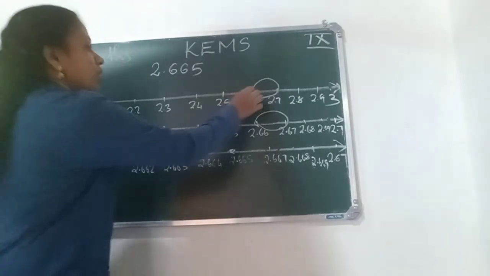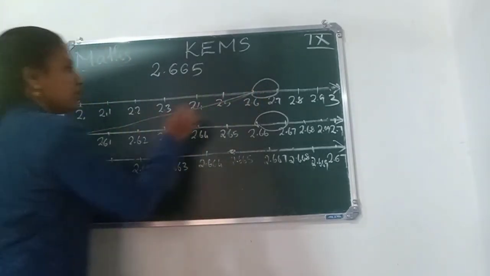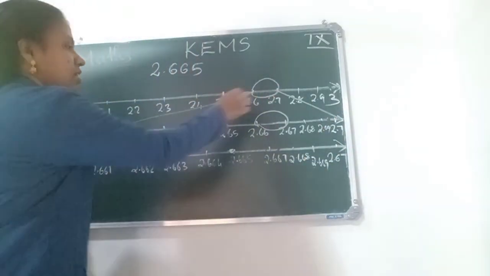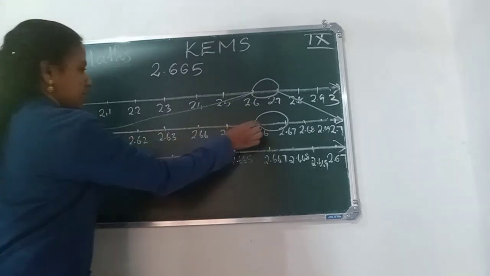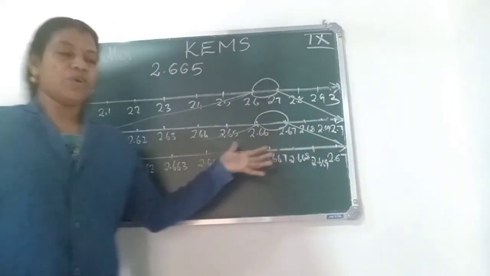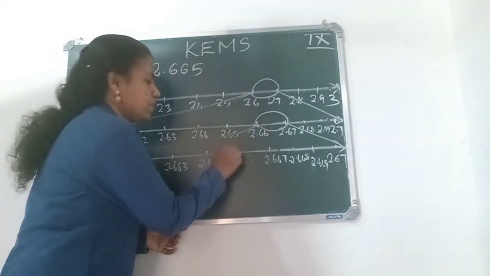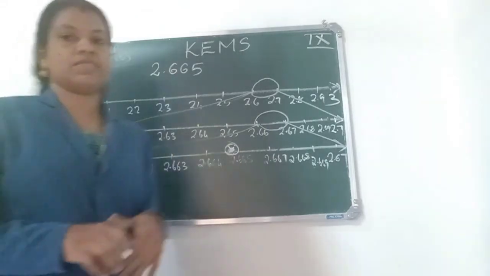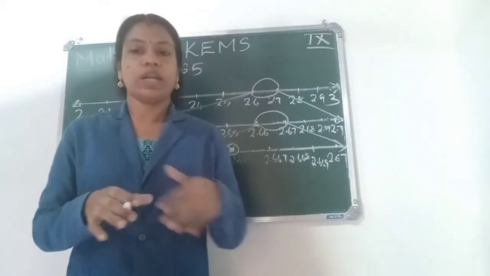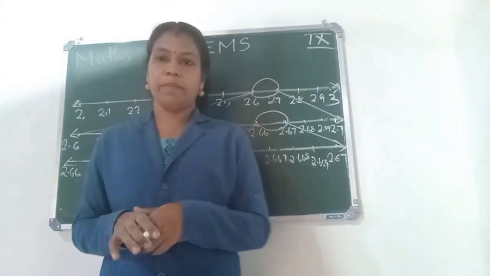We can draw it like this because the process is known as successive magnification. This is the magnification, so here our point comes. Just note the point 2.661. So this is the visualization, or representation, of real numbers on the number line.